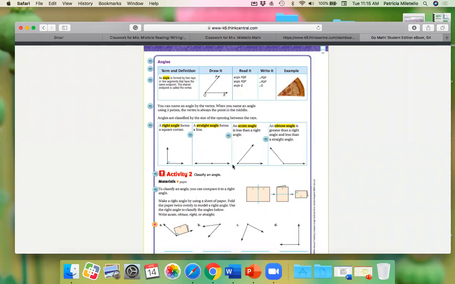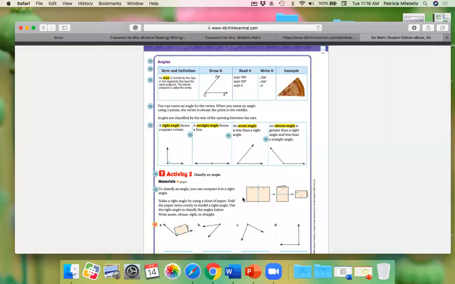That is basically a straight line, but it's an angle that has been opened all the way up to make a straight line, a 180-degree angle, okay? And then it has you do a little activity where you're classifying these angles, and they give you a tool so you can figure out whether an angle is a right angle if it doesn't tell you, and that's by folding a piece of paper, and that corner of your little note card or your paper becomes a right angle.